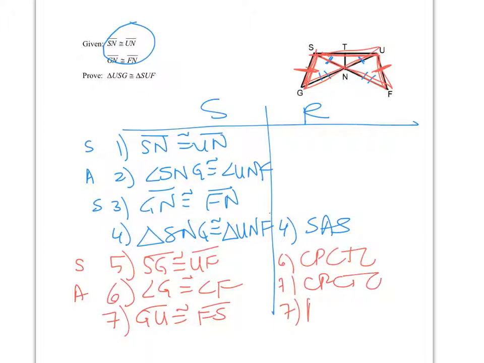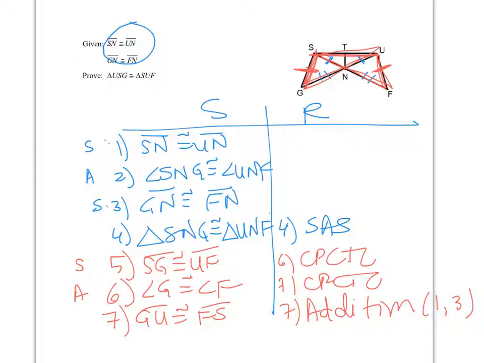Now notice I don't need to restate those sides being congruent because I already did it up here in steps 1 and 3, right? So I can indicate that here if I want to. Steps 1 and 3 basically I added together to get those sides.